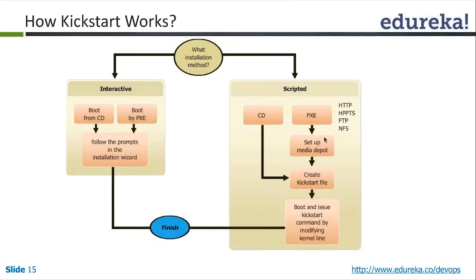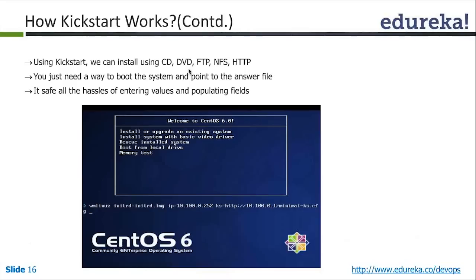Okay. And this is the other way of installing, which I've talked extensively about, using the PXE boot method. After you boot your system, it comes to this welcome screen automatically, and it picks up.